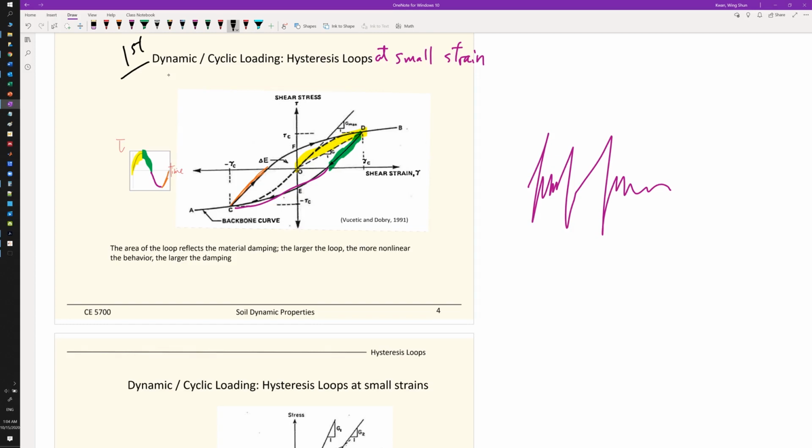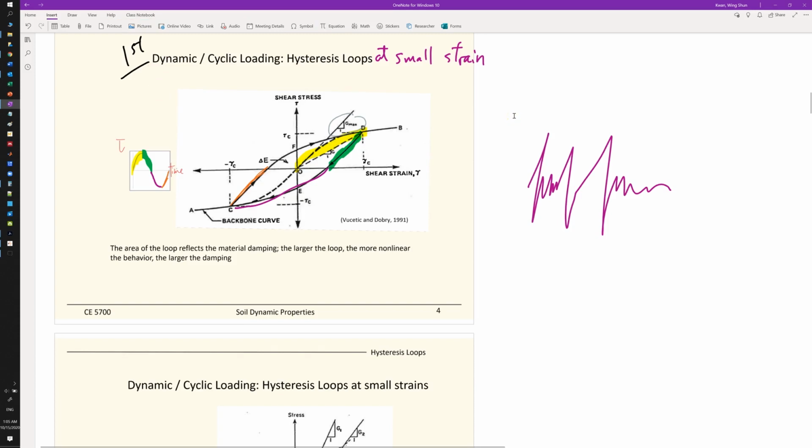First is the beginning slope, right? We just talked about the yellow part, the very initial loading. This initial part gives us a straight line over here, and the slope of this straight line we call the Gmax. Gmax is a super important parameter for our site response analysis. The G stands for the shear modulus.